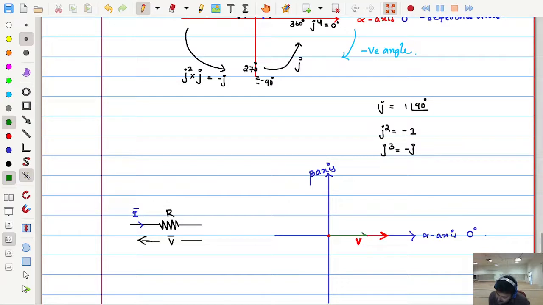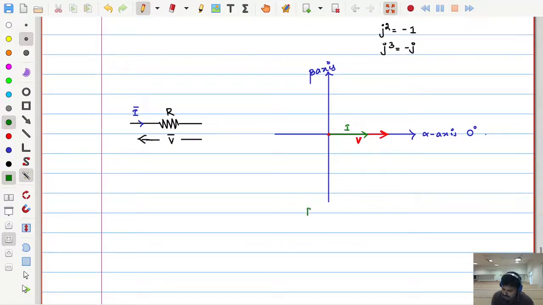But this may have lesser or more length depending on the value of R. This is I. These two things, the representation of voltage and current on these alpha beta axes, we call a phasor representation or phasor diagram, which represents the phasors of voltage and current of the resistor.